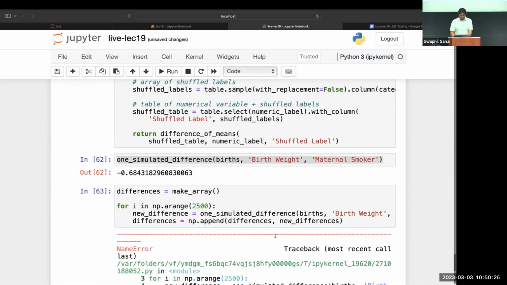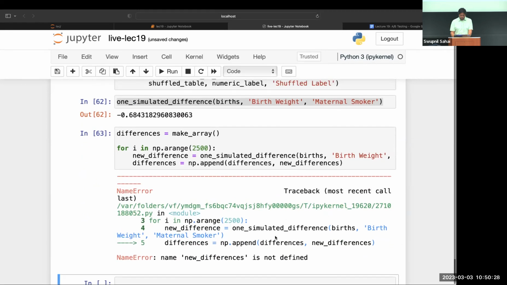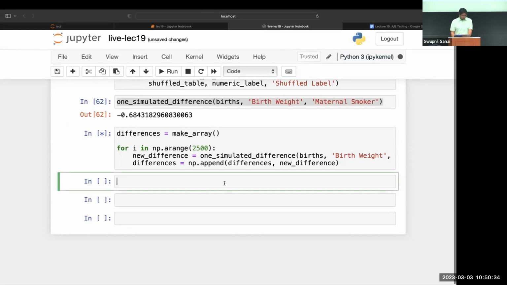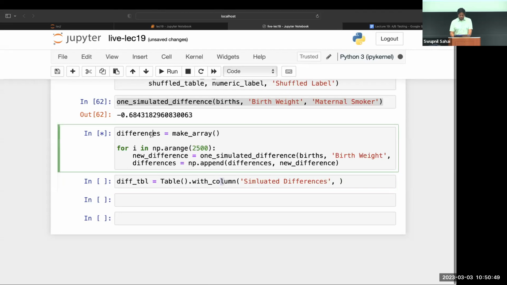Oh, no. Let's see. New differences is not defined. This should be new difference. Okay. There we go. So we'll let that run. And then the last step is to just make a histogram of the simulated differences. So let's call this simulated differences, and it's going to have all the differences we're calculating here.